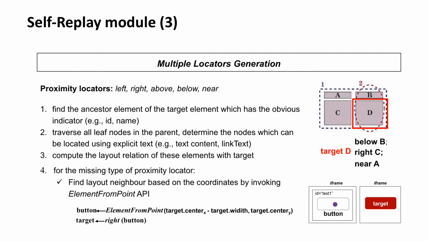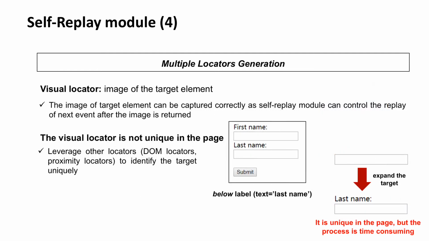It then traverses all the leaf nodes in the parent, determines the nodes which can be located using explicit text, and computes the layout relation of these elements with the target. If some kind of proximity locator does not exist after the above three steps, WebRR will find the layout neighbor based on the coordinates by invoking the elementFromPoint API.